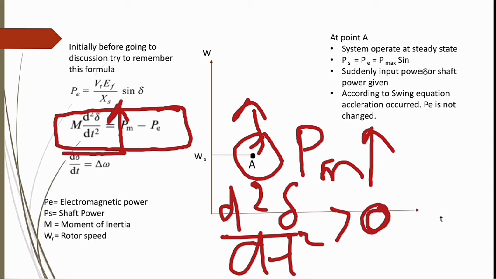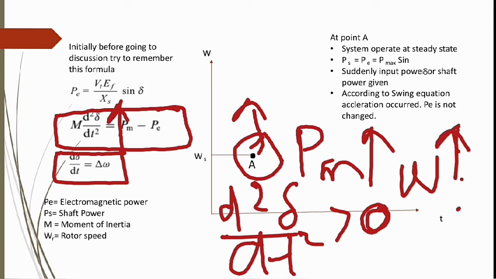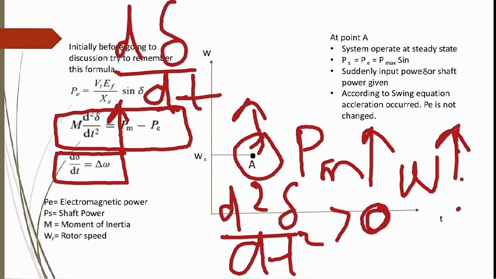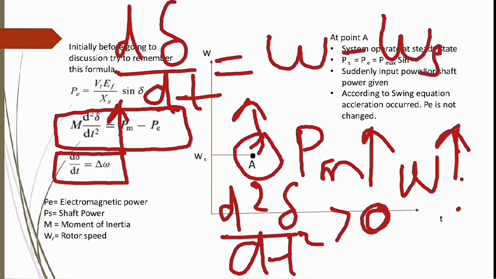Then here d delta upon dt, what is the condition when we increase the Pm? When we increase the Pm, the rotor accelerates. That means the rotor velocity is increasing. And d delta upon dt equal to omega minus omega s.